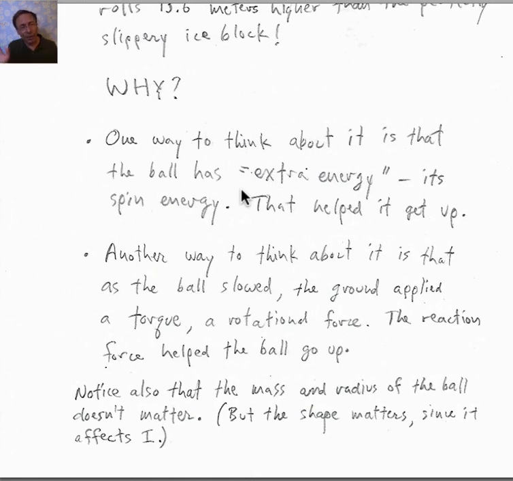The basketball had that same kinetic energy of translation, but it also had spin kinetic energy. And so that's an extra source of energy. As the spin slows down, that energy is getting transferred into potential energy. And so it ends up going higher because it ends up with more potential energy. When the kinetic energy finally gets to zero, it's got that much more potential energy. So that's the energy way of thinking about it.